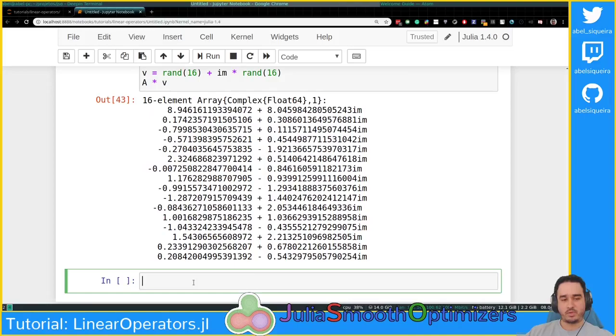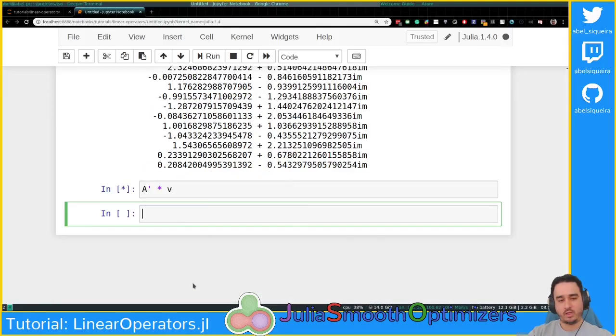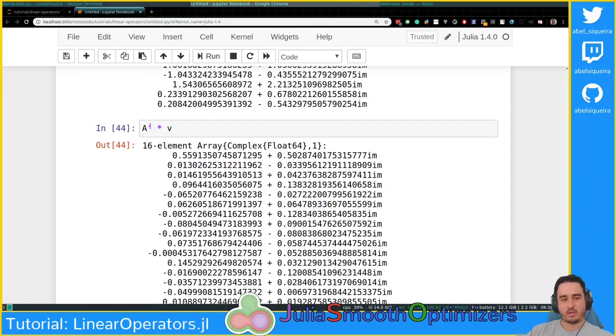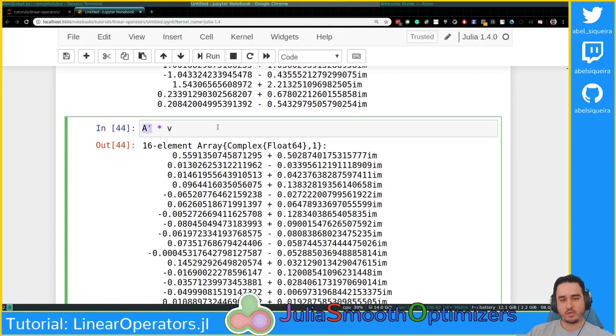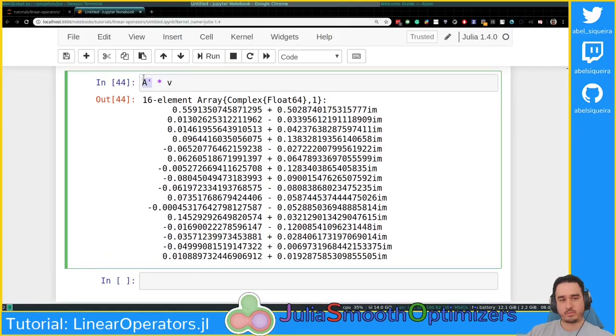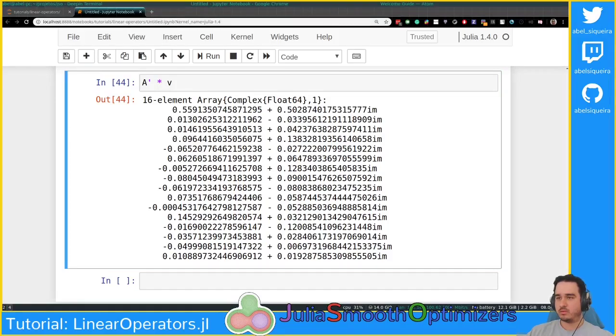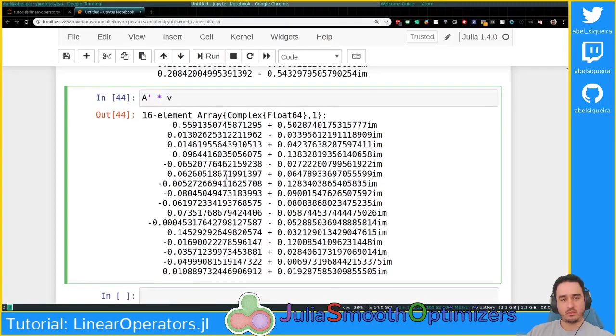If I compute A times A transpose V, adjoint of A times V. So how do you say A adjoint? This is how you say. I think I ever a class algebra.